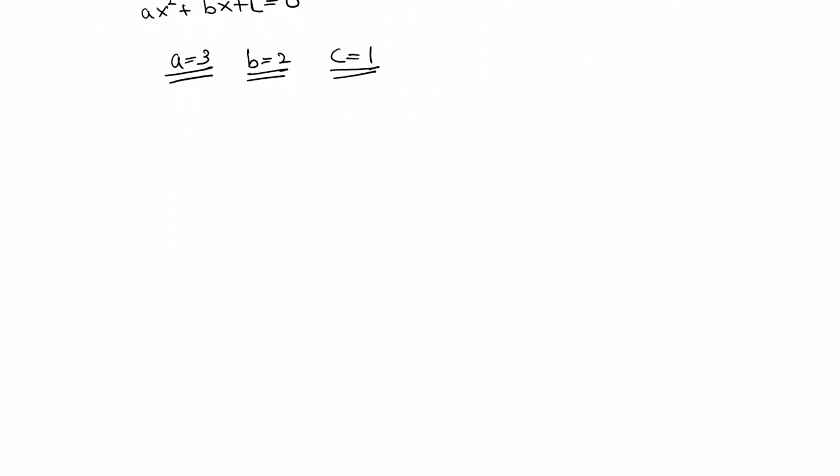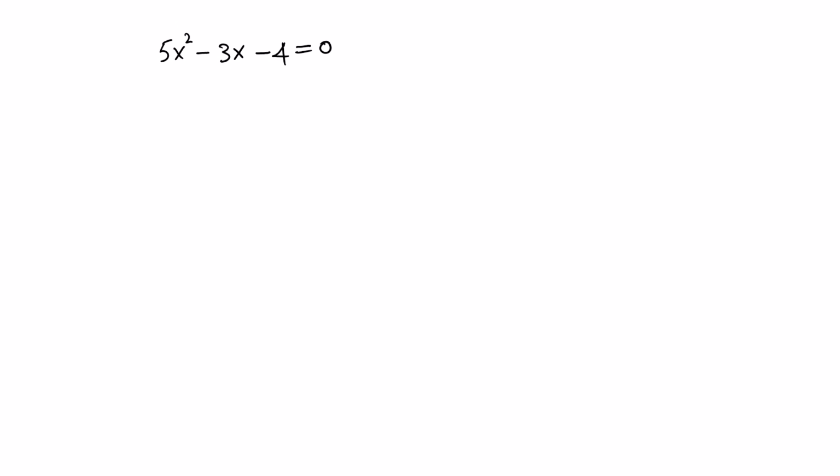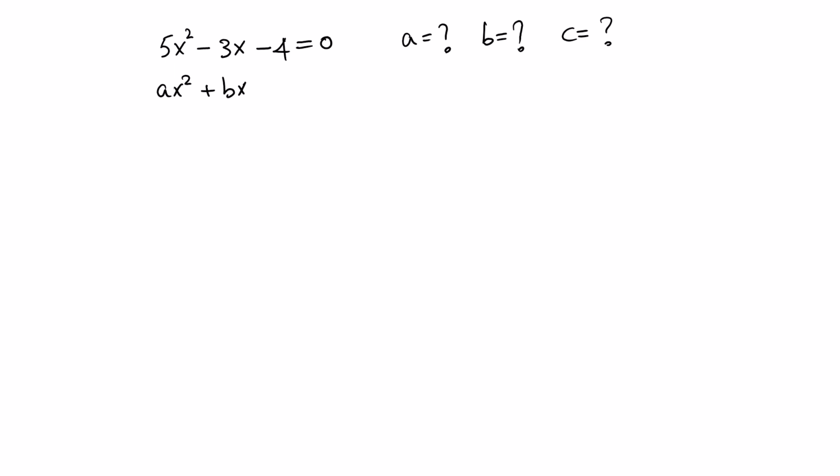This is how you identify a, b, and c. Now take another example. Say 5x square minus 3x minus 4 equal to 0. Now again from this you have to find what is a, what is b, and what is c. For this you have to compare with the standard equation ax square plus bx plus c equal to 0. Now compare. Here the coefficient of x square is a.